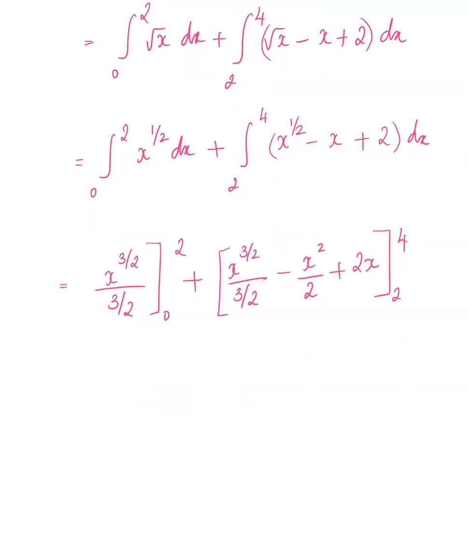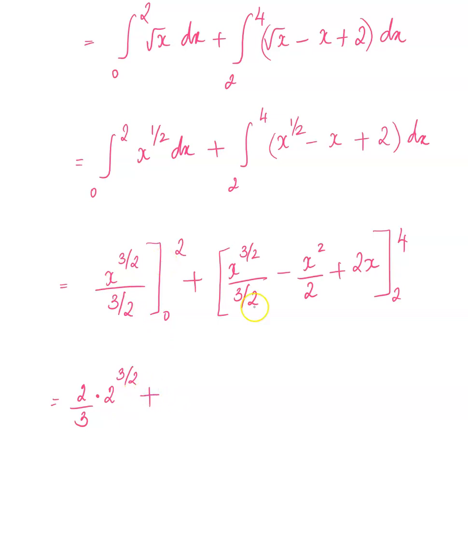So this will entail a lot of terms. That's fine. So here I'm going to just do 2 power 3 over 2 minus the 0 power 3 over 2. To avoid too many terms, I'm not going to enter that.